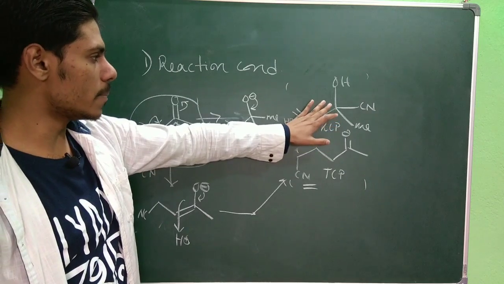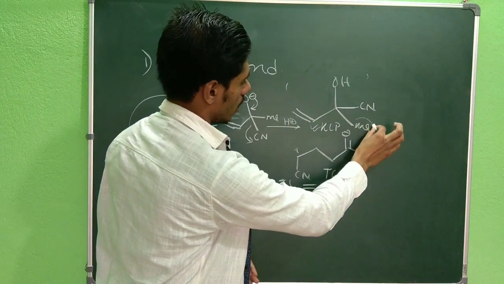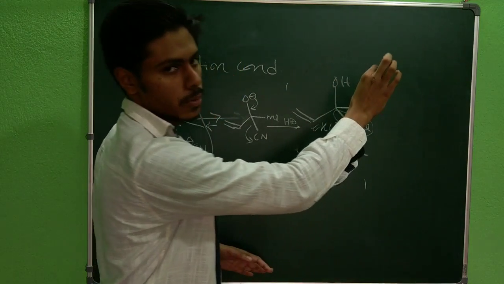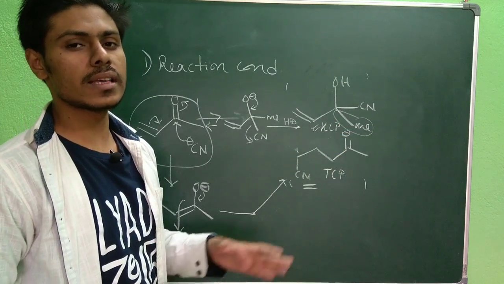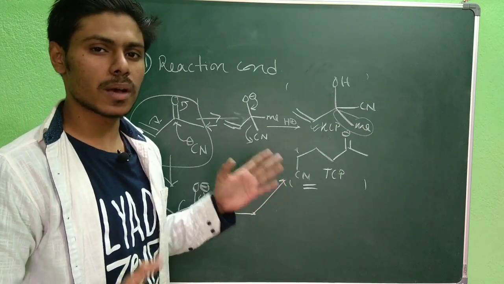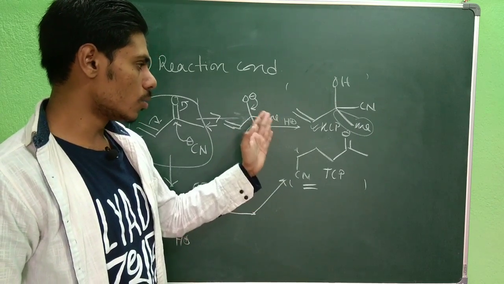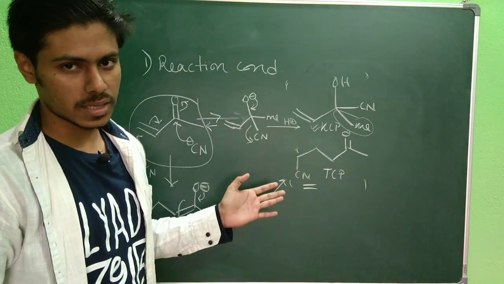By breaking this carbon oxygen double bond, you form a carbon carbon single bond and an oxygen hydrogen single bond, right? Now this carbon carbon single bond has much lower energy than a carbon oxygen double bond. So with respect to energy, this product is not very stable.